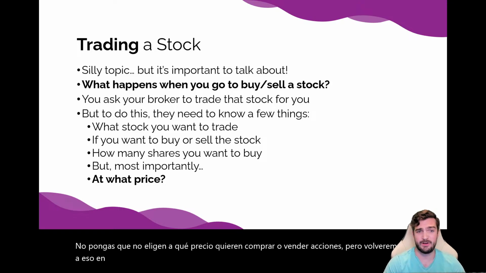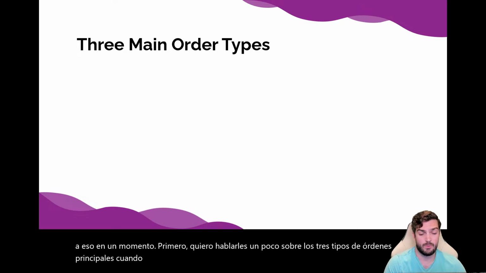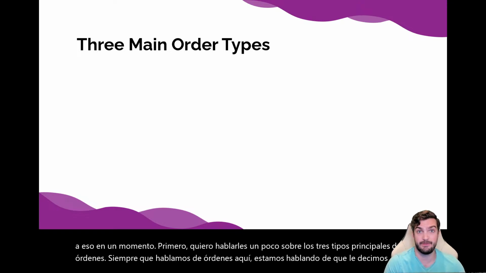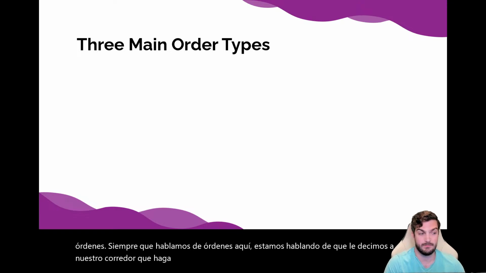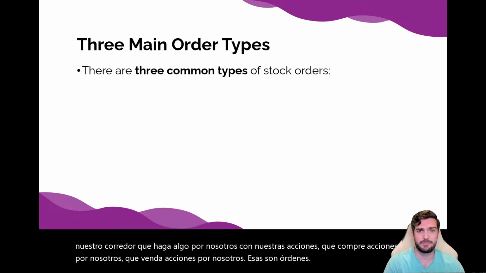First, I want to talk to you all a little bit about the three main order types. Whenever we're talking about orders here, we're talking about us telling our broker to do something for us with our stock. Buy stock for us, sell stock for us. Those are orders. There are three common types of stock orders.